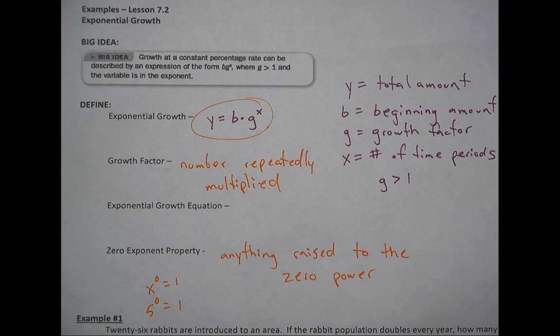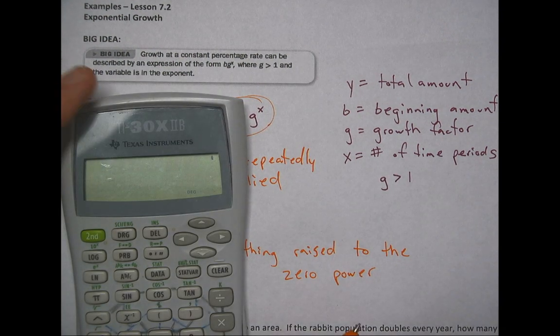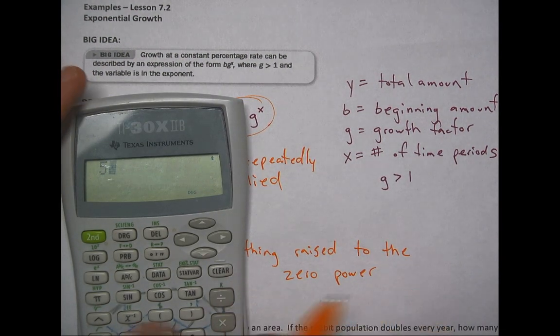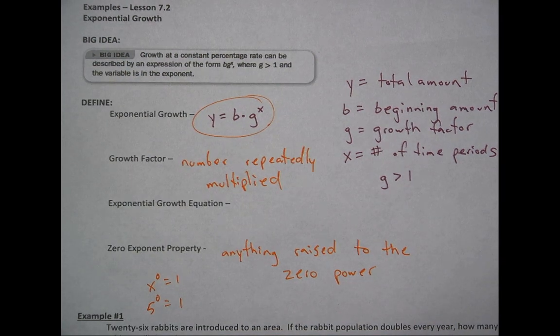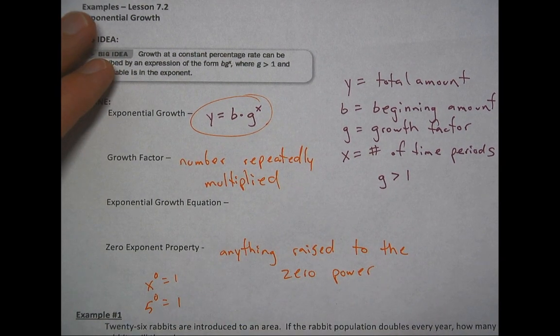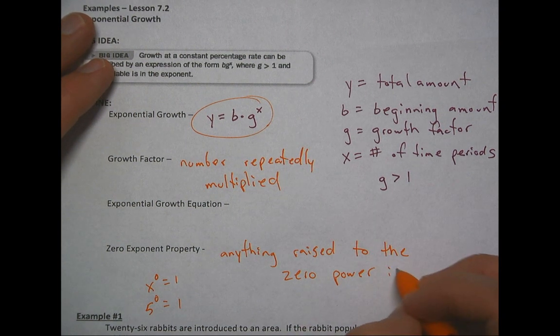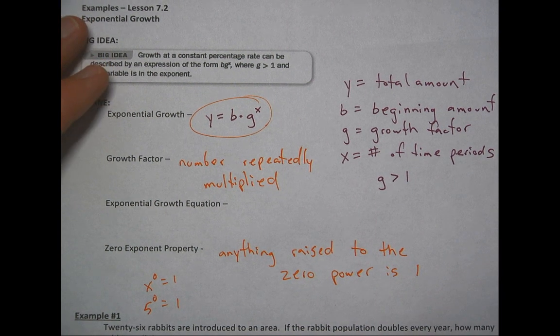And you can try it in your calculator. Raise anything you want, 5 raised to the 0, and you get 1. And we talked about before why that is, but right now we just need to know that it is. So anything raised to the 0 power is 1.